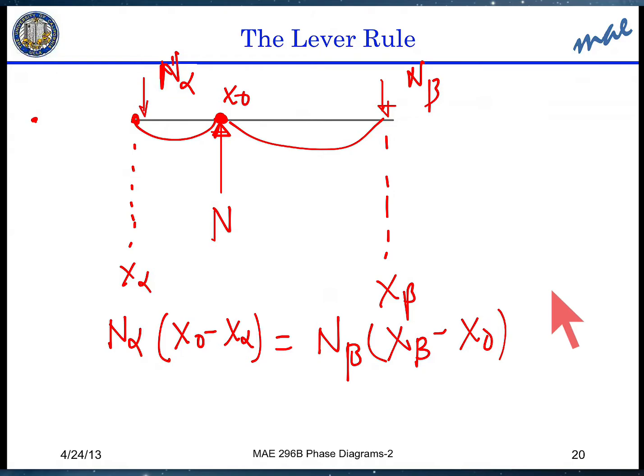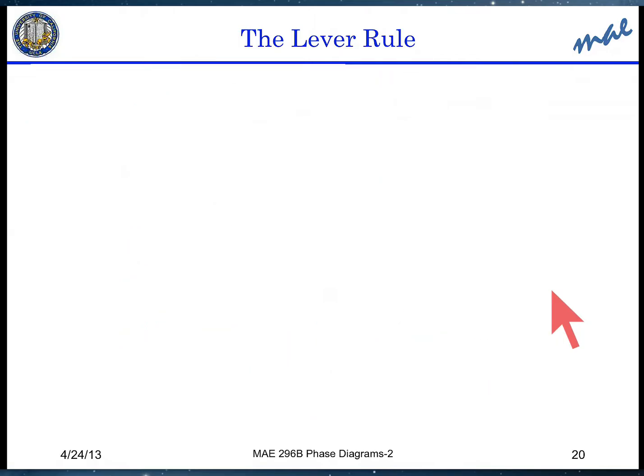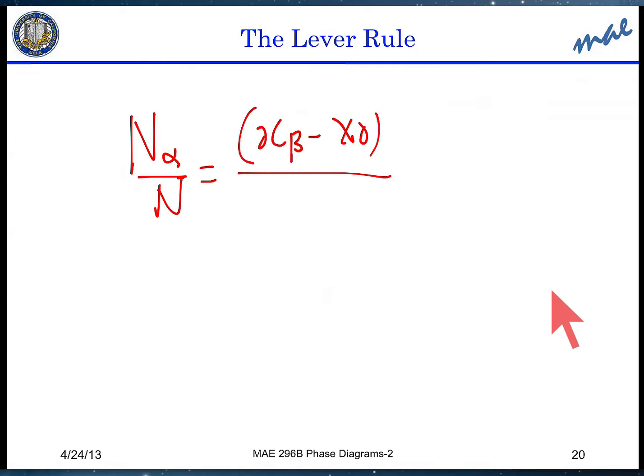And then we know that N is equal to N alpha plus N beta, and from these two we're able to find the fractional concentration of the two phases. So we can now write N alpha over N is equal to x beta minus x0 divided by x beta minus x alpha.